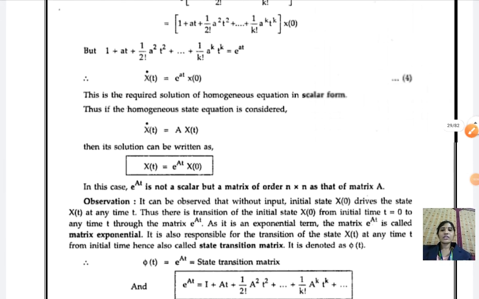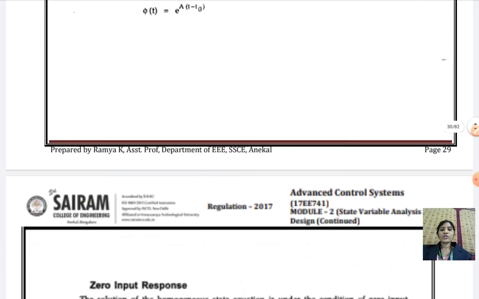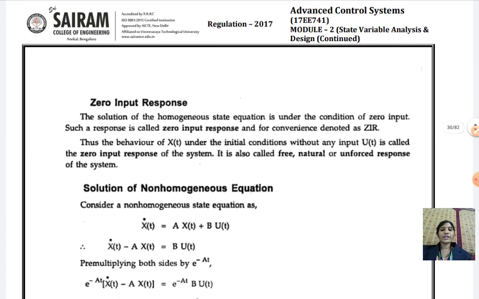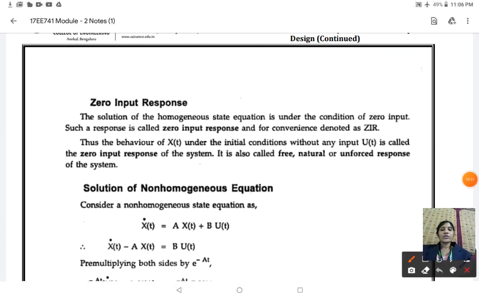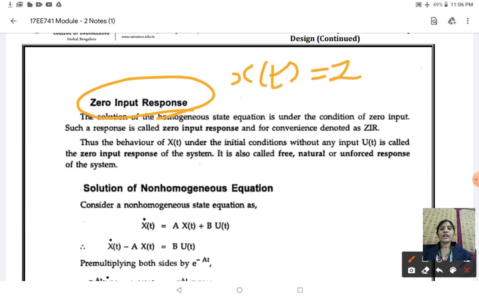So it is the general solution, and whatever solution you have obtained over here, it is a zero input response. The solution obtained in case of your homogeneous equation is zero input response. So the solution we can write it as x of t is equal to, it will be having only zero input response in case of your homogeneous equation.